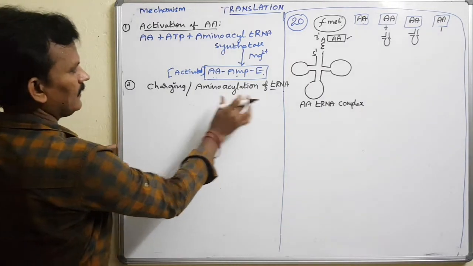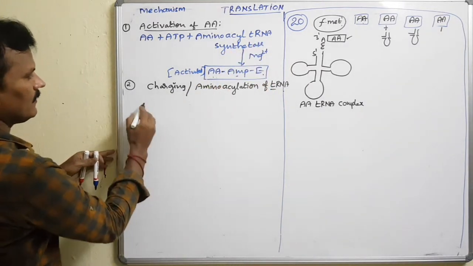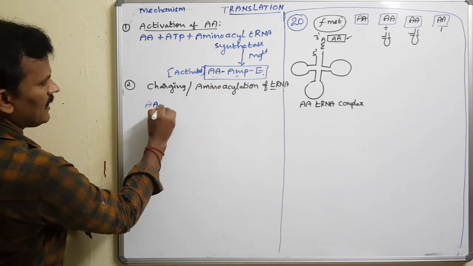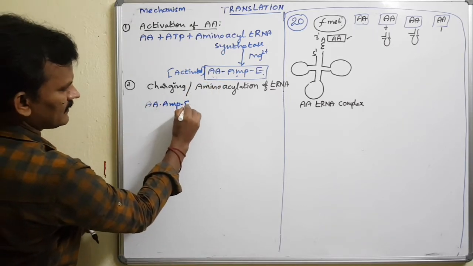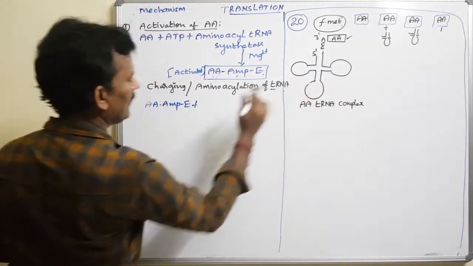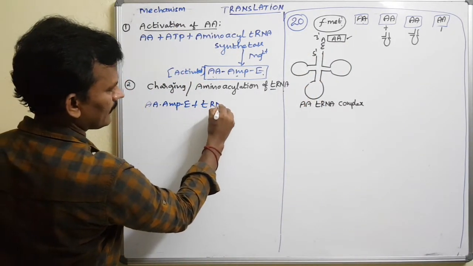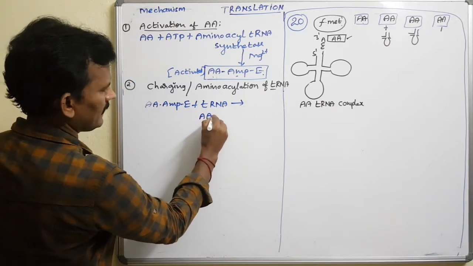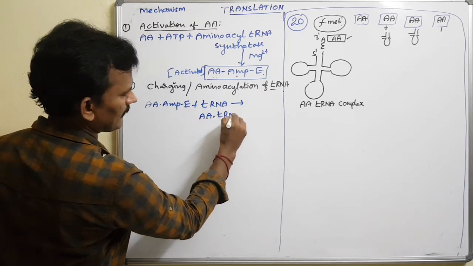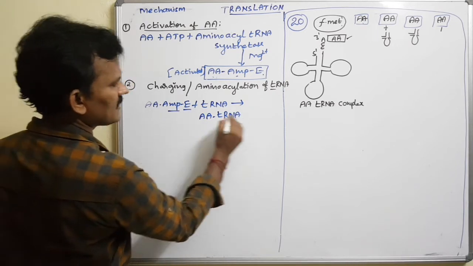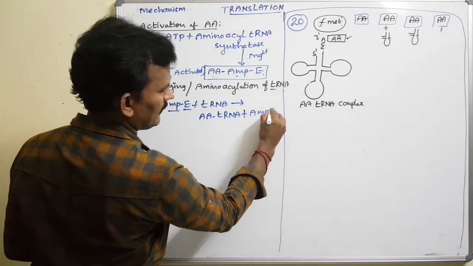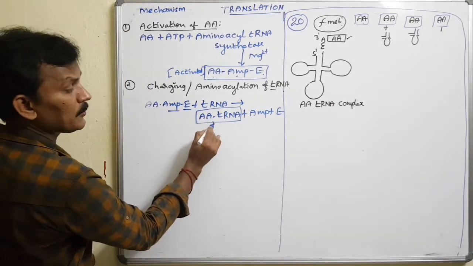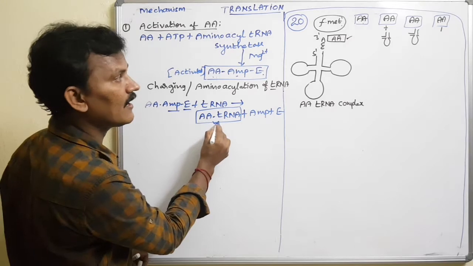And the third one: the amino acid AMP enzyme complex is attached to the tRNA. It forms aa-tRNA, and AMP and the enzyme are released. This structure is called the aminoacyl tRNA complex.